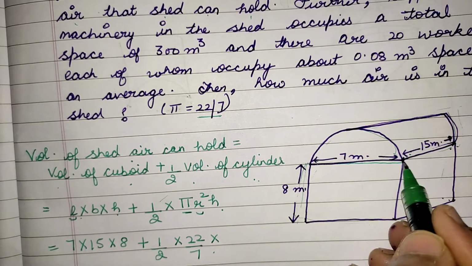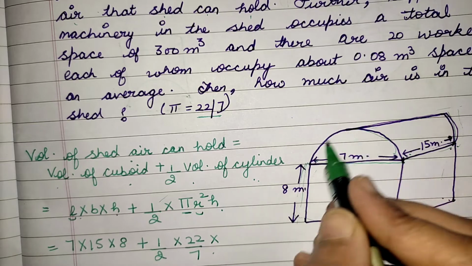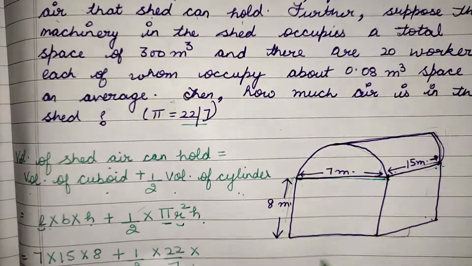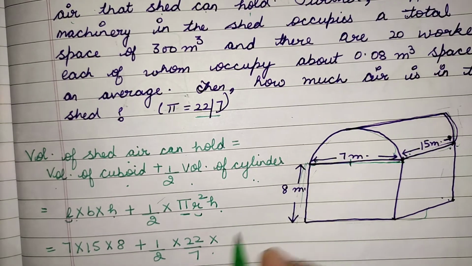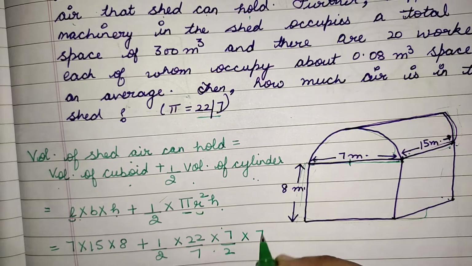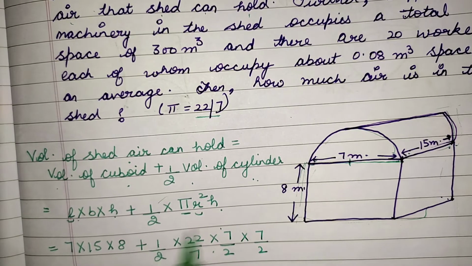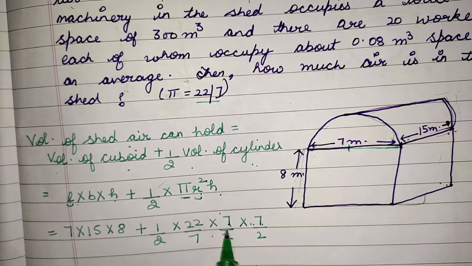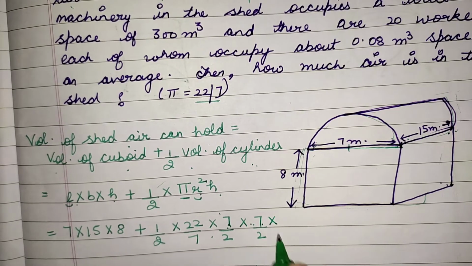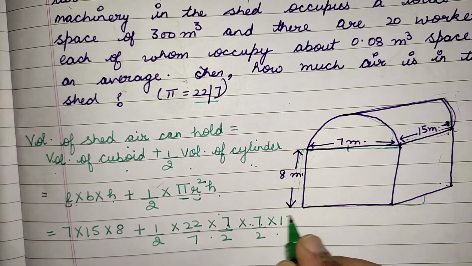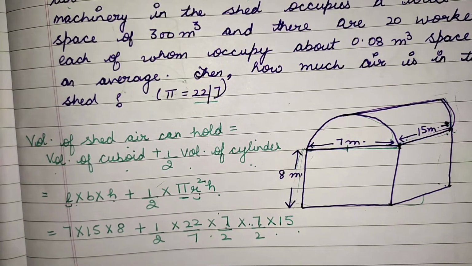You can see that the diameter of this part is equal to the edge of the cuboid. So if this 7 is my diameter, then my radius will be 7 by 2, into height, which is this 15 meter.